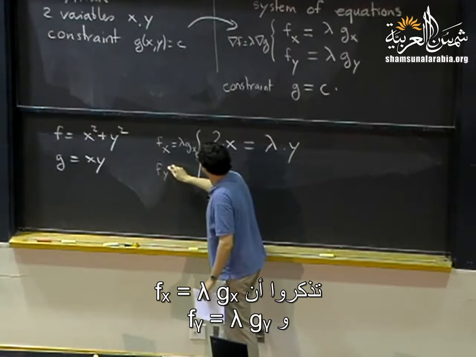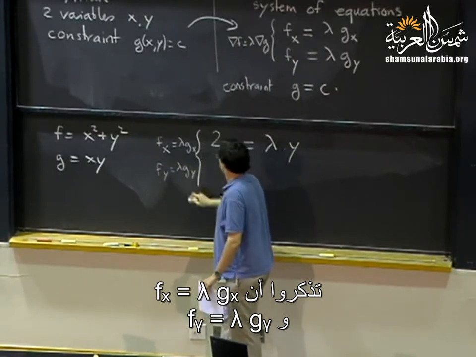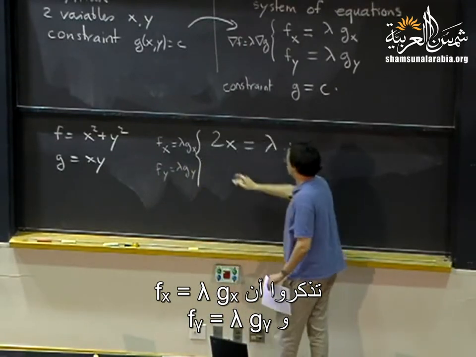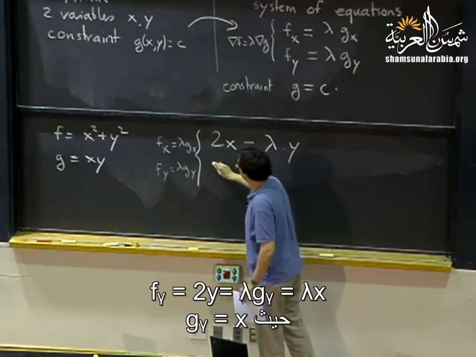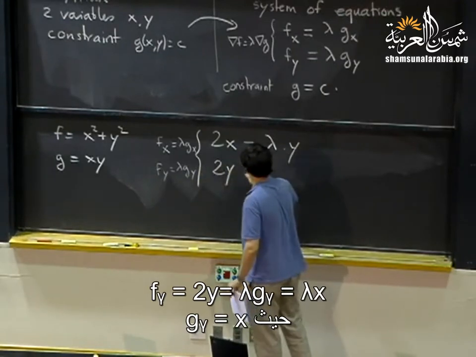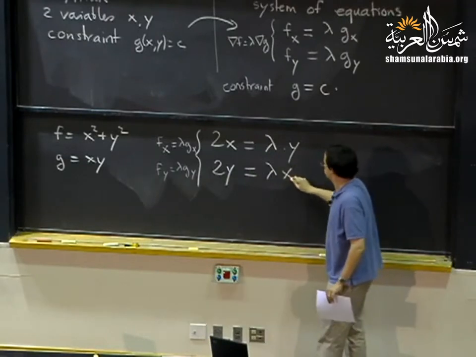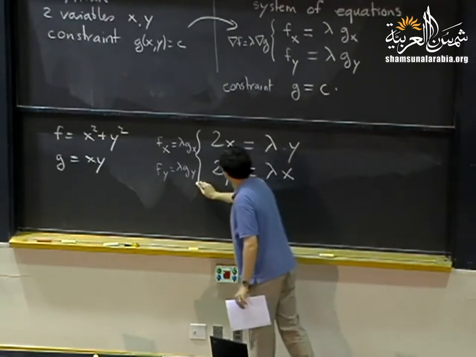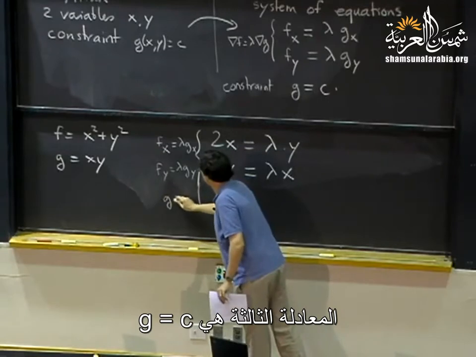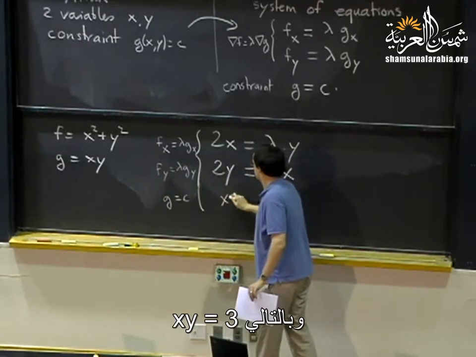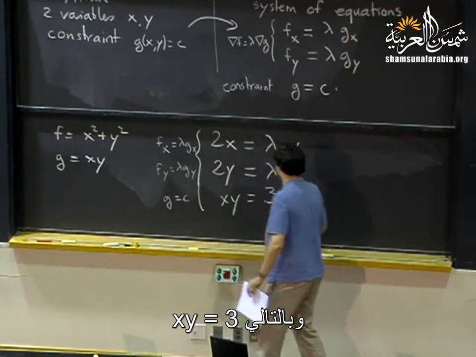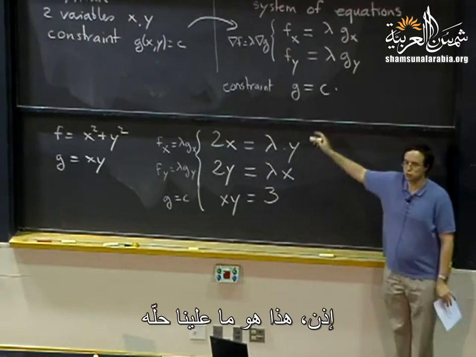Then we have f sub y equals lambda g sub y. So f sub y is 2y equals lambda times g sub y, which is x. And then our third equation, g equals c, becomes xy equals 3. Okay, so that's what we would have to solve.